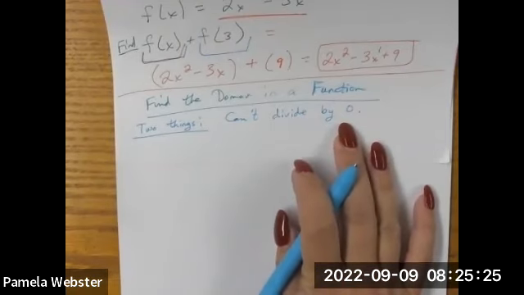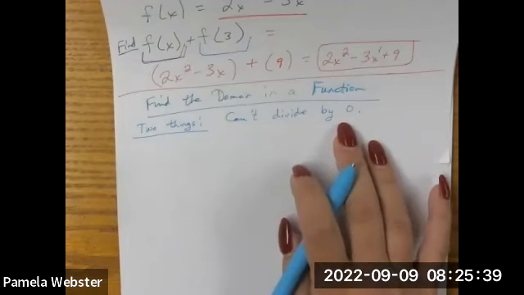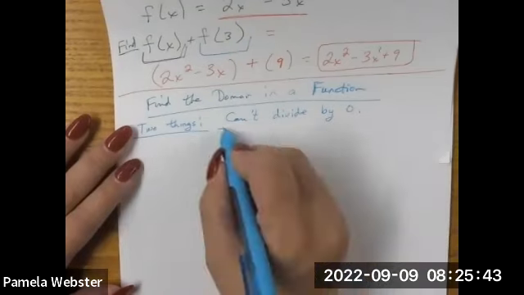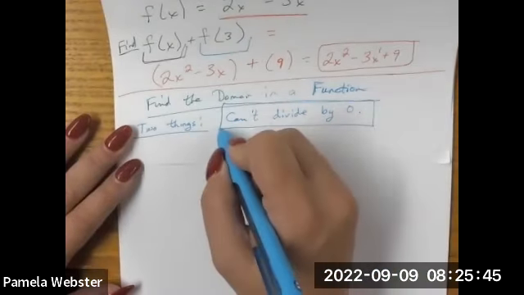Why is that? If I punch in my calculator, 5 divided by 0, what do I get? It'll tell me undefined or error, right? So that is an undefined function. And if you get into calculus later, you might find out that sometimes you can divide by 0. But for our algebraic purposes, we can't divide by 0. So we're going to watch out for stuff like that.